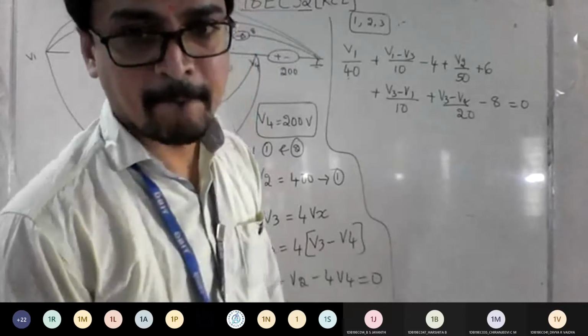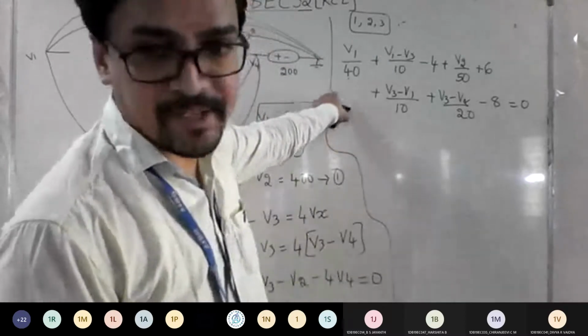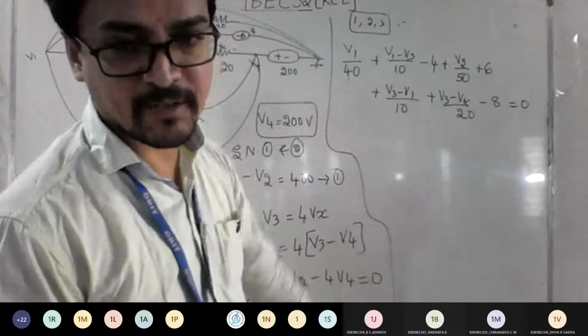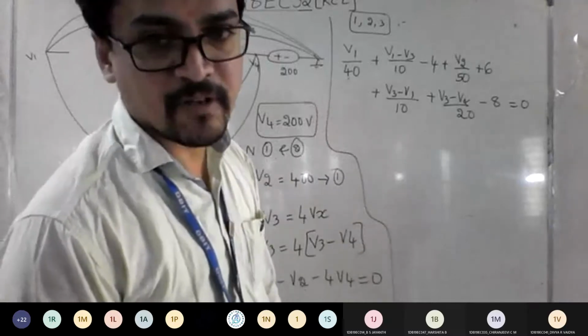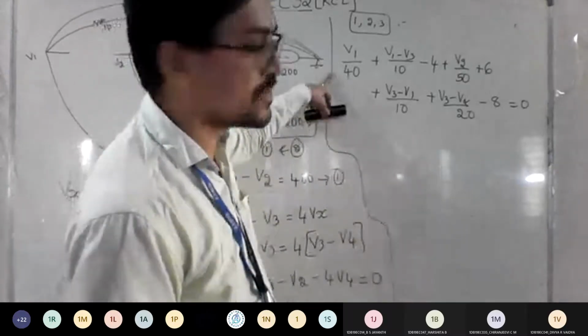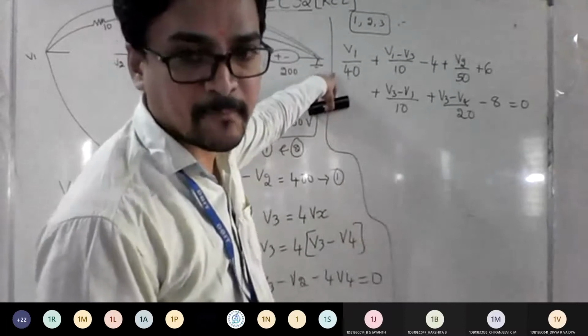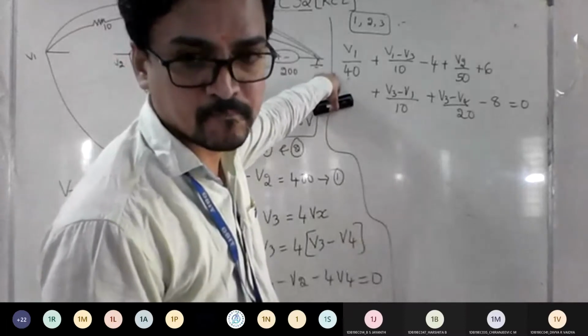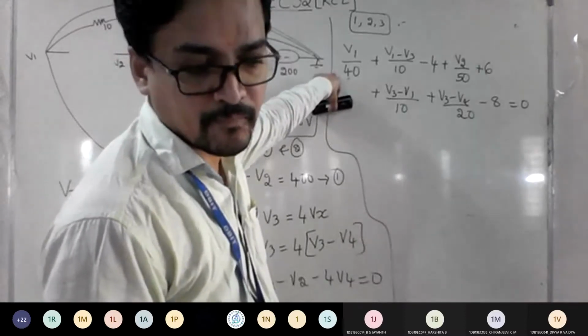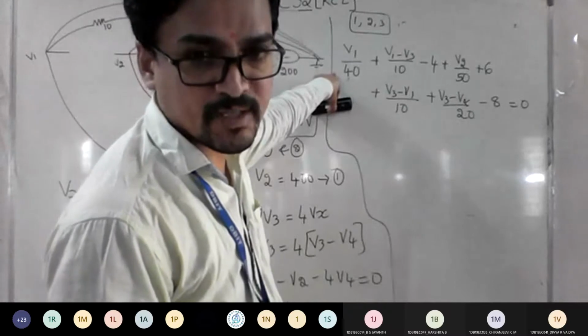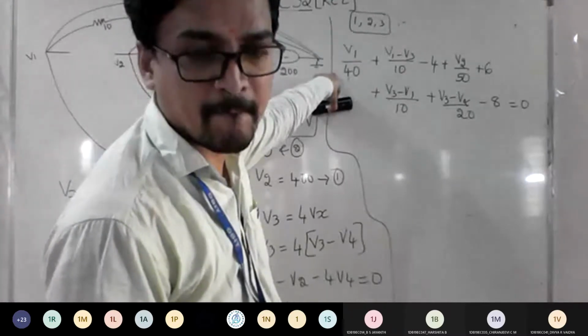Simplify, take common terms and tell me what is the equation. What is the V1 value in the equation? What is 1 by 40? Is it 0.025?